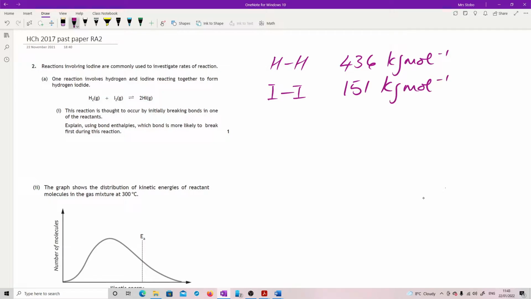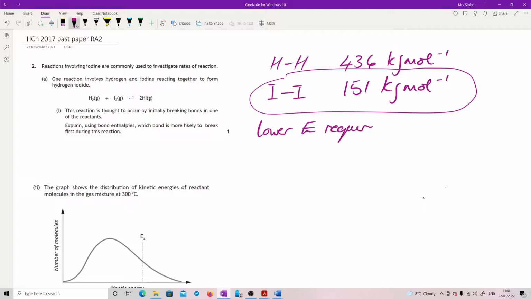Now, if you've got that, then it should be pretty clear that iodine is going to break first. You just need to recognise that we have a lower energy requirement to break the iodine to iodine bond, so it will break first. That's your mark.